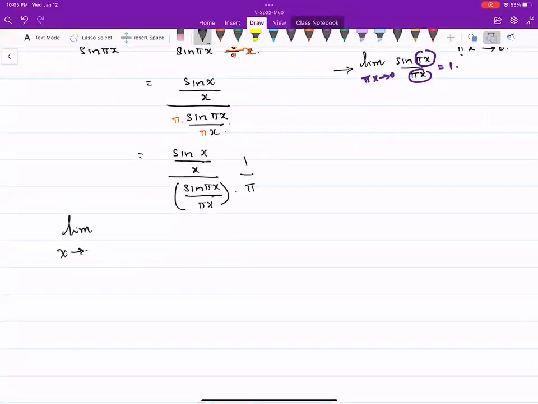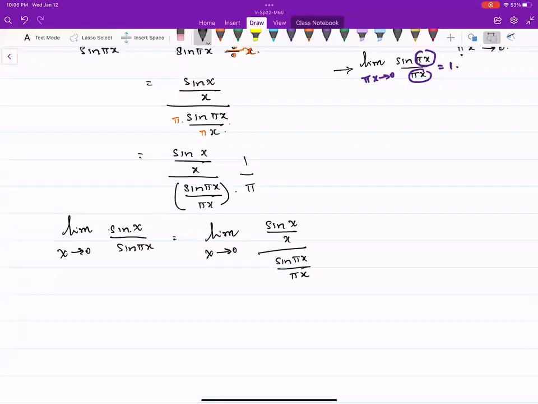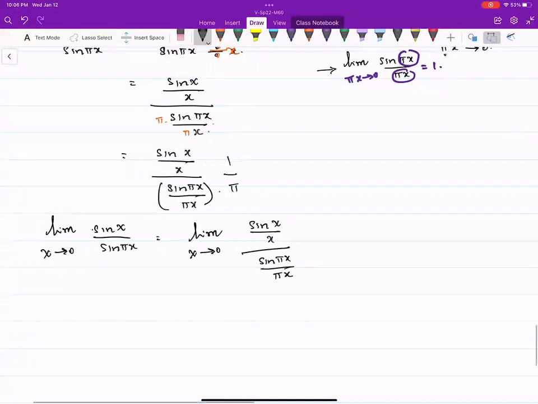The limit as x approaches 0 of sine x over sine pi x is the limit as x approaches 0 of sine x over x divided by sine pi x over pi x, times 1 over pi. Keep in mind, pi is only a constant. When x approaches 0, pi x will automatically approach 0.